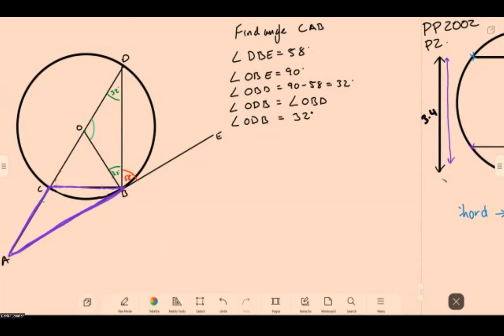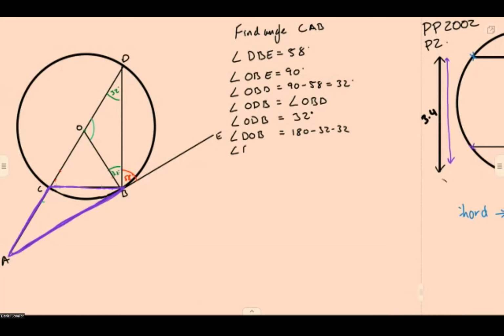Okay, so I'll just do it your path. That's absolutely fine. So angle DOB is equal to 180 minus 32 minus 32. That's going off the fact that all the angles in a triangle equal 180. So if we've got two angles at 32 each, then we're taking that away.